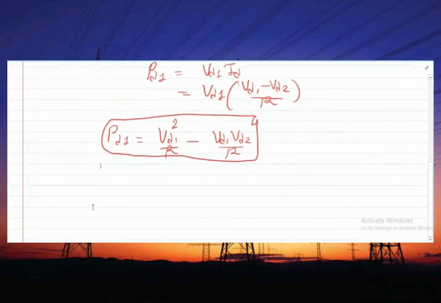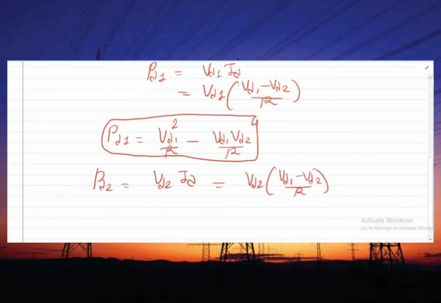Similarly, we can calculate the power at the inverter end, which is called PD2, equal to VD2 into ID. Again, put the value of ID, which is VD1 minus VD2 divided by R. So you get the power as minus VD2 square divided by R plus VD1 VD2 divided by R. Now here there is a minus sign.